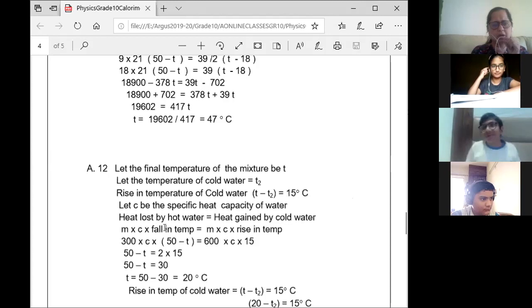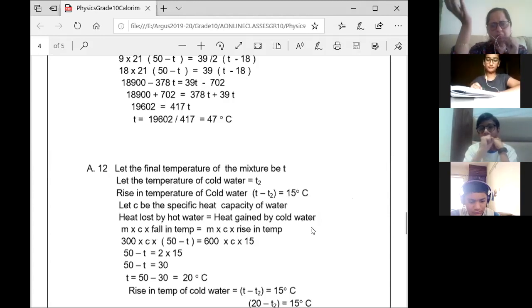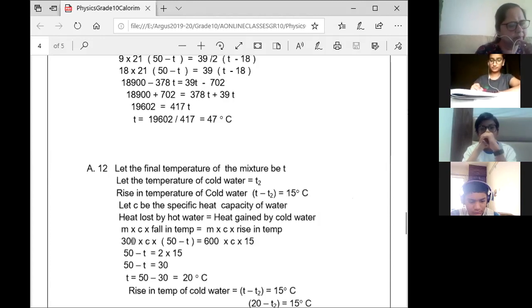So now heat lost by hot water is equal to heat gained by cold water, right? So heat lost by hot water is M into C into fall in temperature, is equal to M into C multiplied by the rise in temperature of the cold water. So mass of hot water is given as 300 gram.